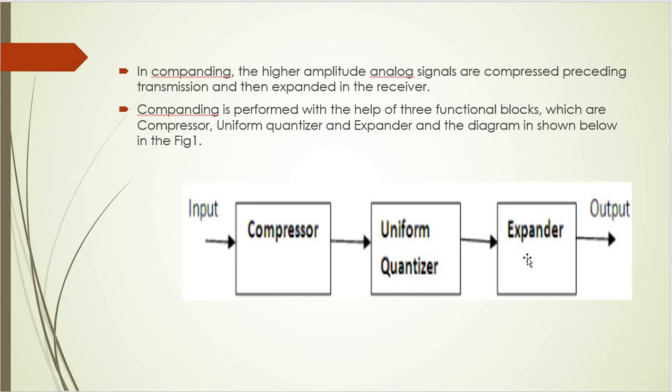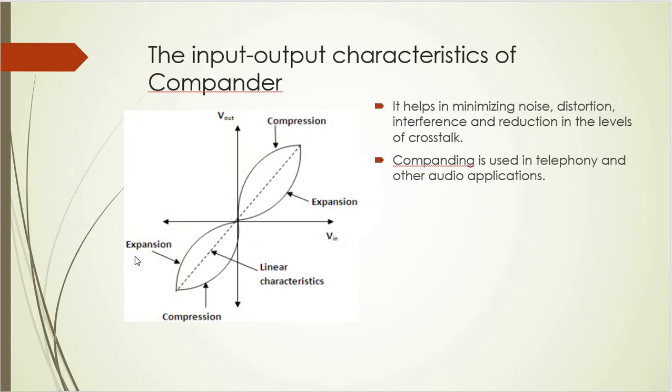The expander performs the reverse operation of the compressor, so the characteristics of a compressor and expander are equal and opposite. If we combine both characteristics, what we obtain is a straight line. This is the straight line of a compander.